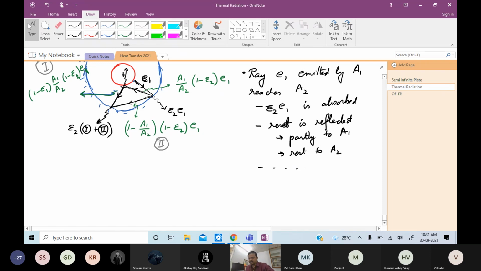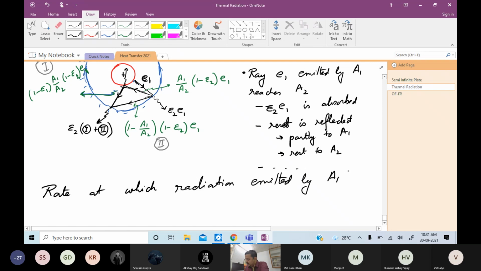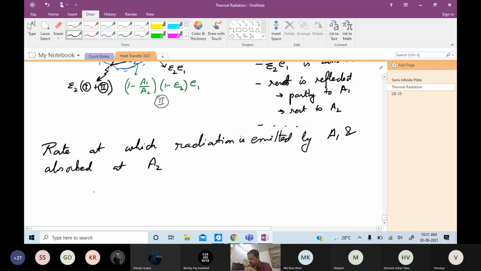Okay. So based on this, what I can write is the rate at which radiation is emitted by A1 and absorbed at A2 is equal to what?